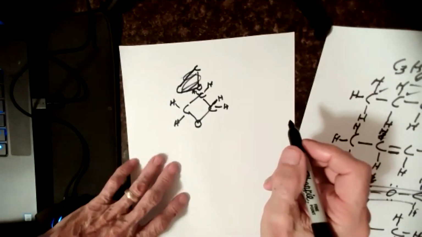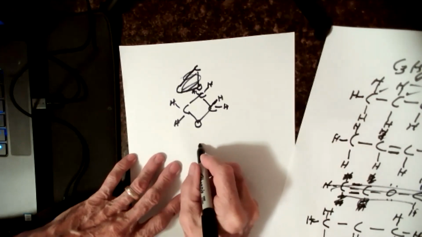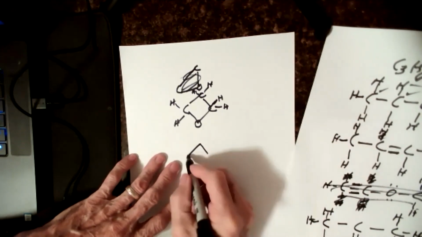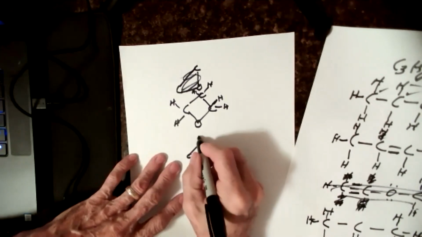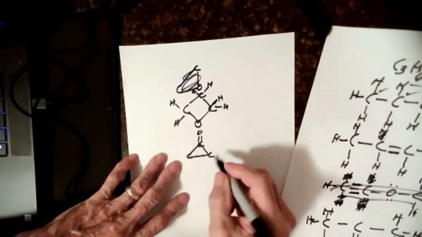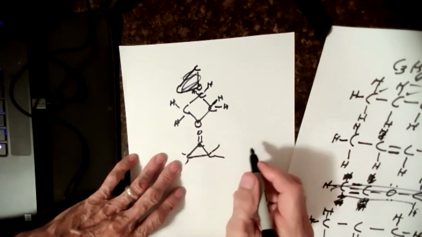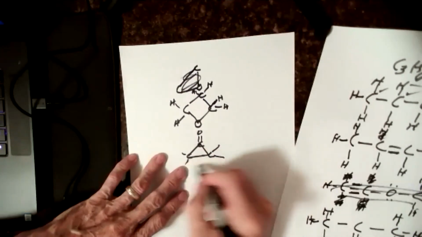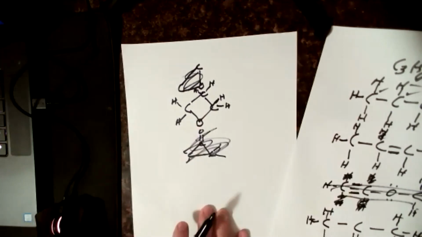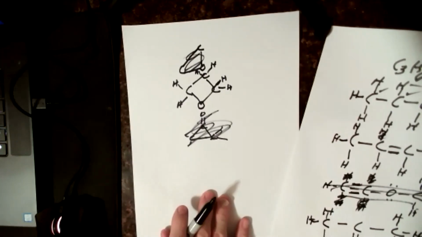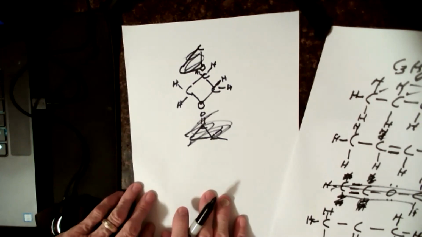Let's see, there's probably 1 more ring structure perhaps that I could draw. Can I put just the 3 carbons together like that and put a double bond here, and then nope, that's not going to work, because I've only got 4 carbon atoms. So there's still 1 more structure. I'm not sure which one it is.